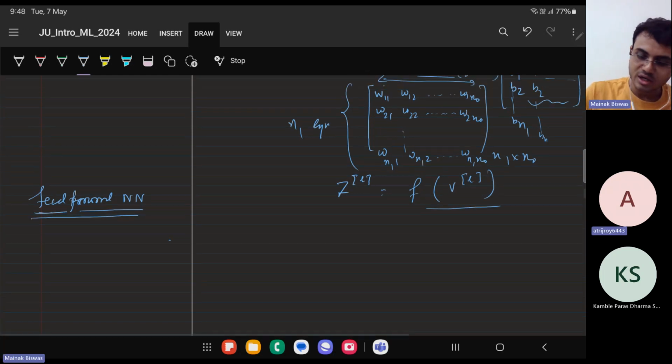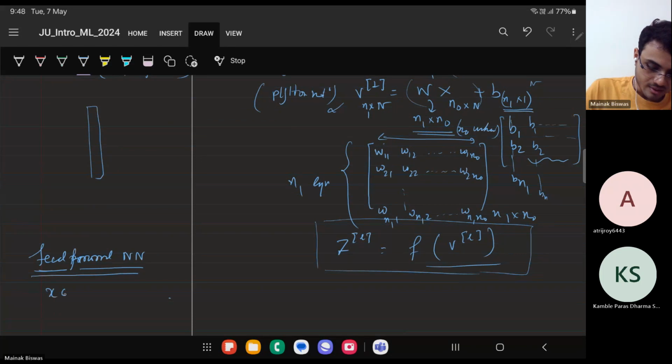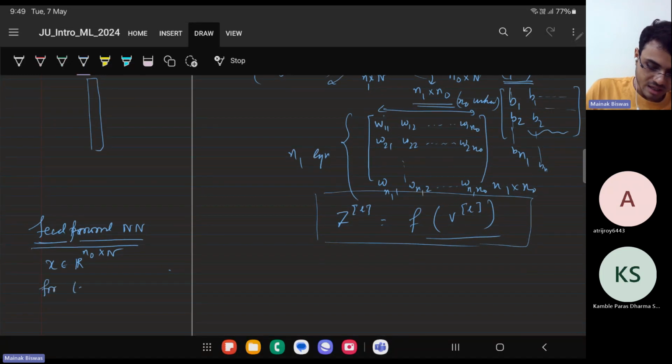Now you need not think in terms of one neuron. You can think in terms of one layer, because I have written a vector notation, right? I've written it in terms of a vector. Say your X is in R n0 cross n. So for layer L from 1 to capital L, right?